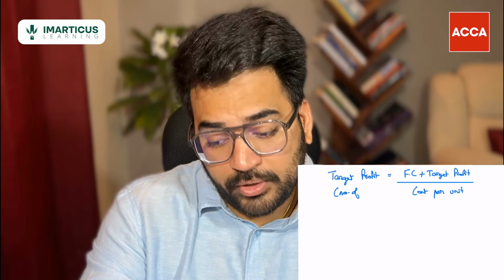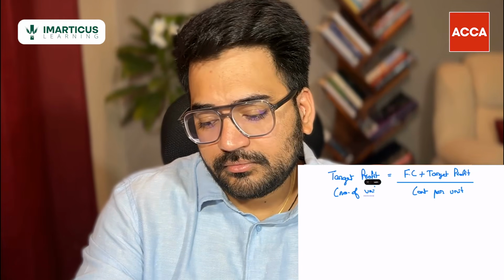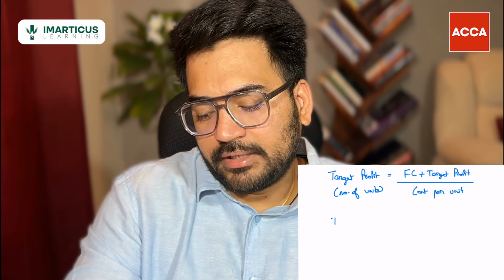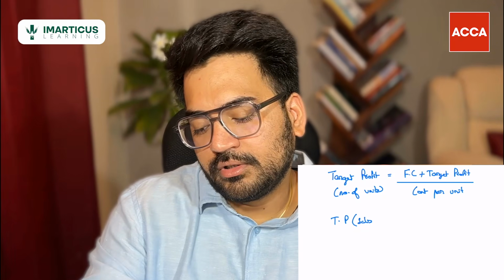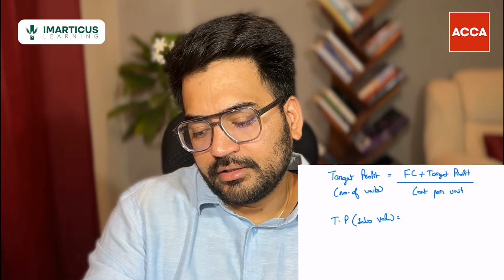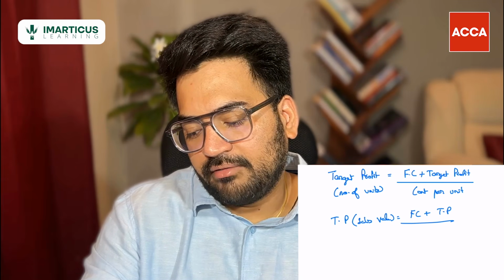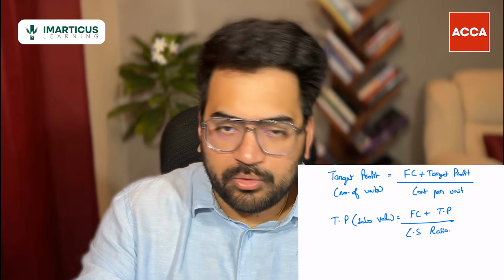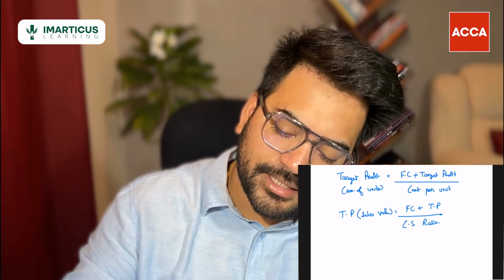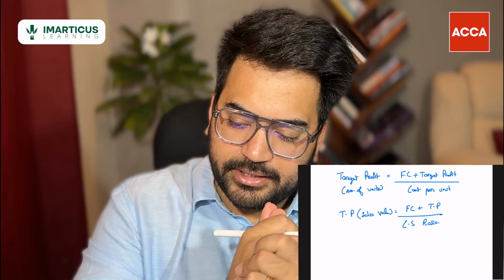This will be in number of units. Then if you want to find out target profit in terms of the sales value, similarly, you have fixed cost plus target profit divided by contribution to sales ratio. So I hope these are the important things that you can find out with the help of this chapter, right?